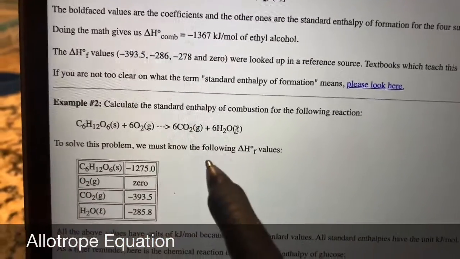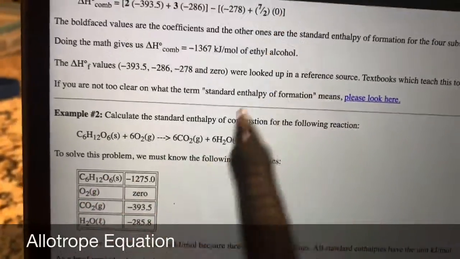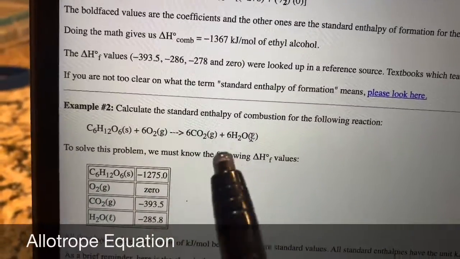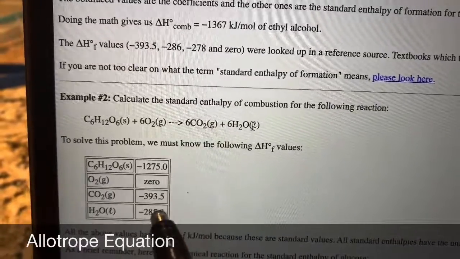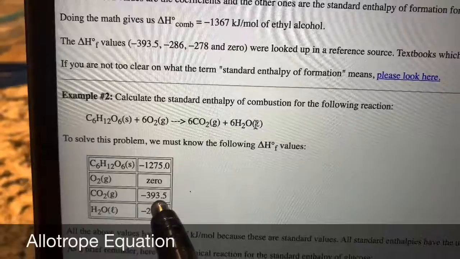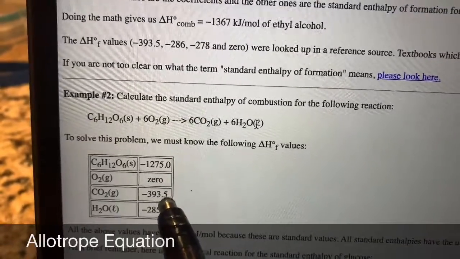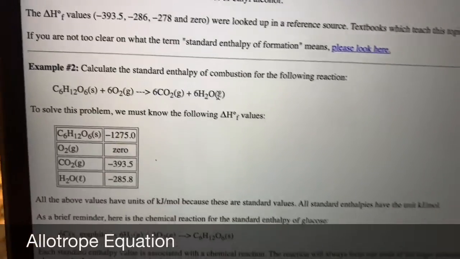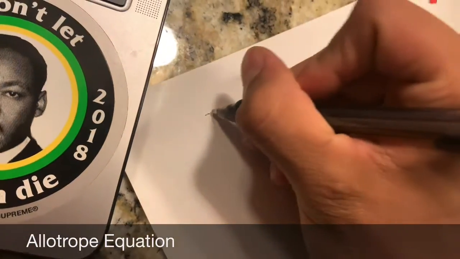So let's start with the products. We see that there are 6 CO2s, and a CO2 is equal to negative 393.5.